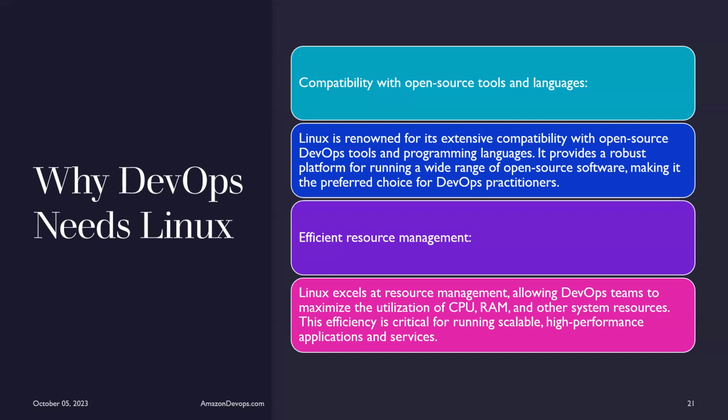Let's look at compatibility. Why does DevOps need Linux? Because we use so many tools, especially for automation purposes, it's very important to have an operating system that is very compatible, is open source, and can use different languages.